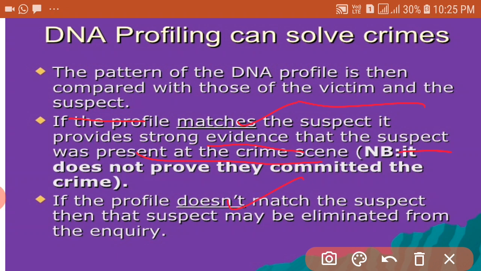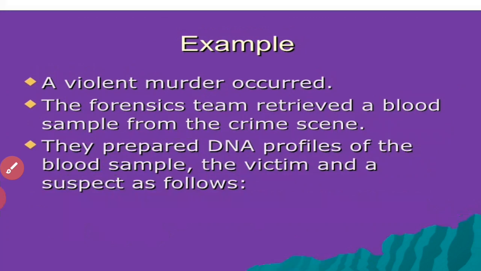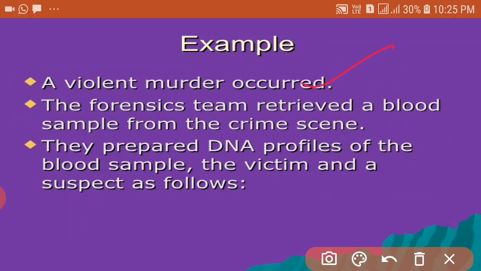If the profiles don't match, then the suspect may be eliminated from the inquiry. So in the case of a murder, the forensic team can take a blood sample from the crime scene. Then they prepare the DNA profiles by the process I have told you. The victim and the suspect can be found out.